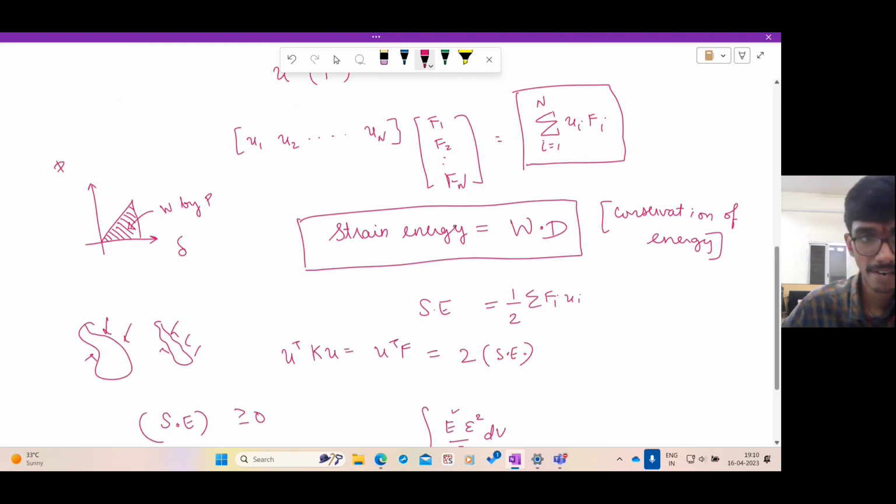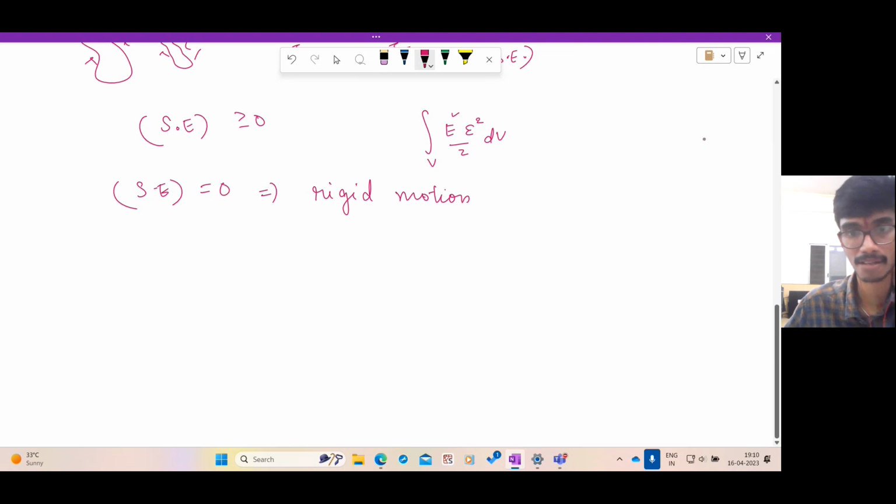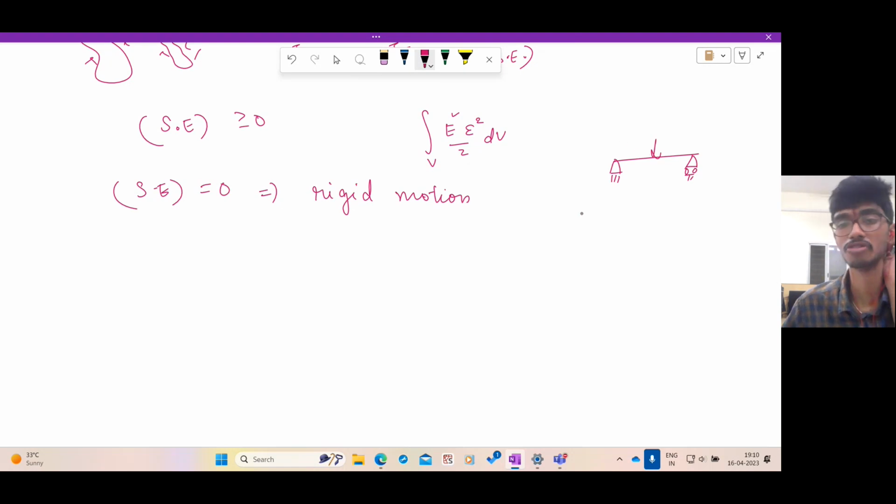But if you read the question carefully, they say it is in the context of a stable structure. If a structure is stable, say for example, a simply supported beam, it doesn't allow any rigid body motion. But if a structure is unstable, something like this, then it allows a rigid body motion this way.